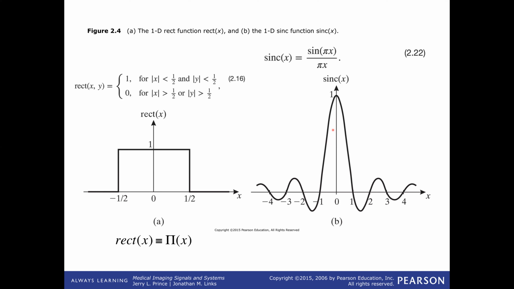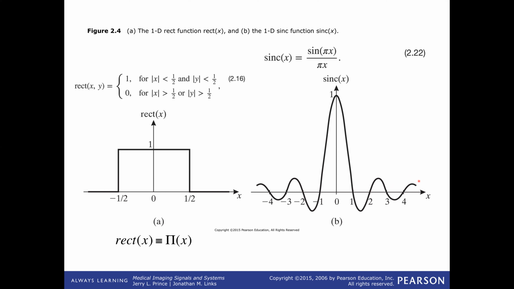It's a beautiful looking sombrero type function where it has a central peak and then it oscillates, and it rings down. The amplitudes of those oscillations decrease as 1 over x, where x could be frequency if this was time. And it has this classic ring down appearance.